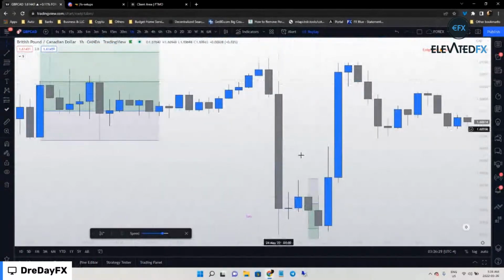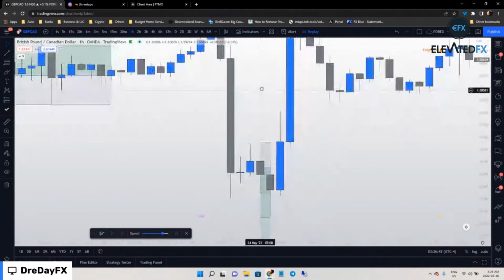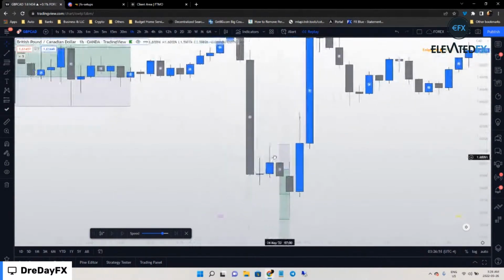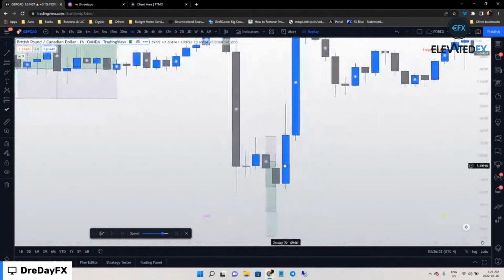Here, after a big exhaustion like that, if you were live on Tuesday, you saw that the GBP pairs went down a lot in a couple of hours, and then it went back up. So after a big exhaustion like that, I would avoid taking a trade in the same direction.